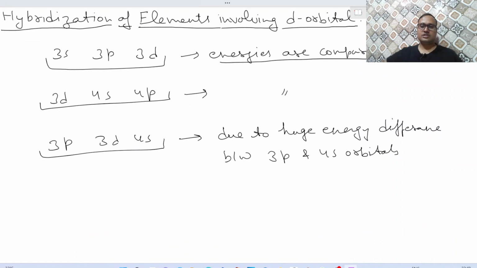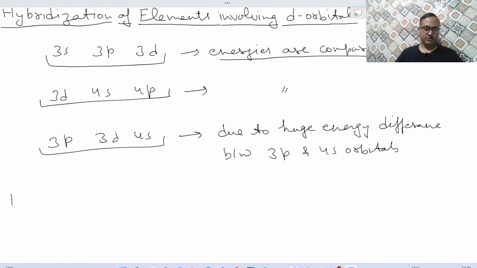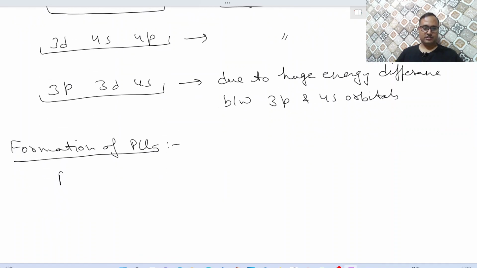So the first example today with the d orbital involved in the hybridization is the formation of PCl5. If we talk about the central atom, phosphorus, we can write its electronic configuration as 1s2, 2s2, 2p6, 3s2 and 3p3.